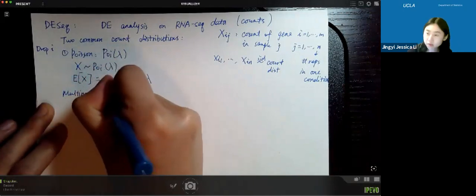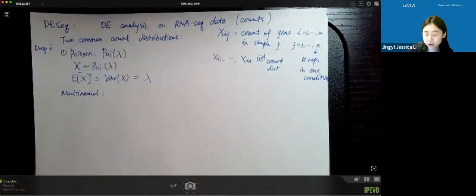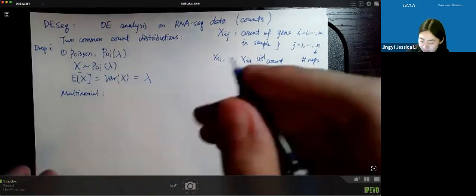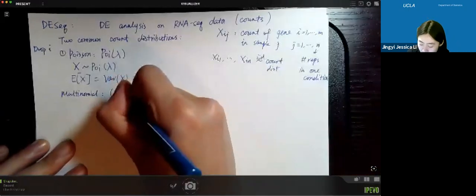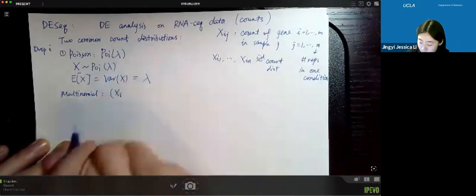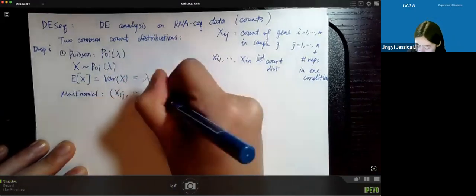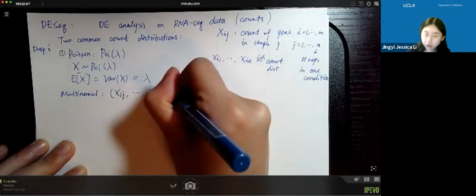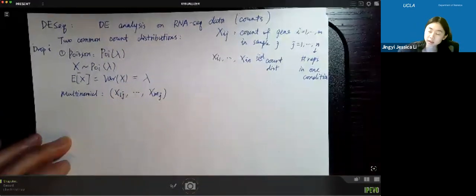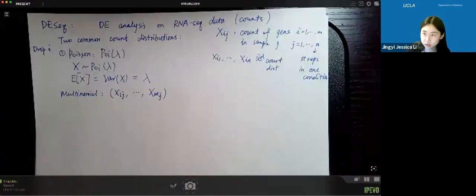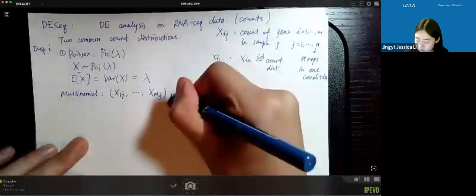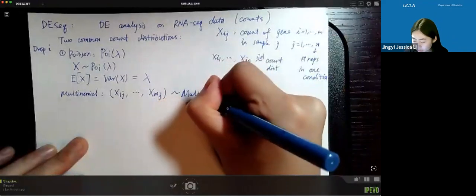this is a multivariate distribution of multiple variables together. If we think about this as x1j, x2j, up to xnj, all the genes that are measured together in one RNA-seq sample can be considered as a multinomial process, which means that we are drawing the read counts.